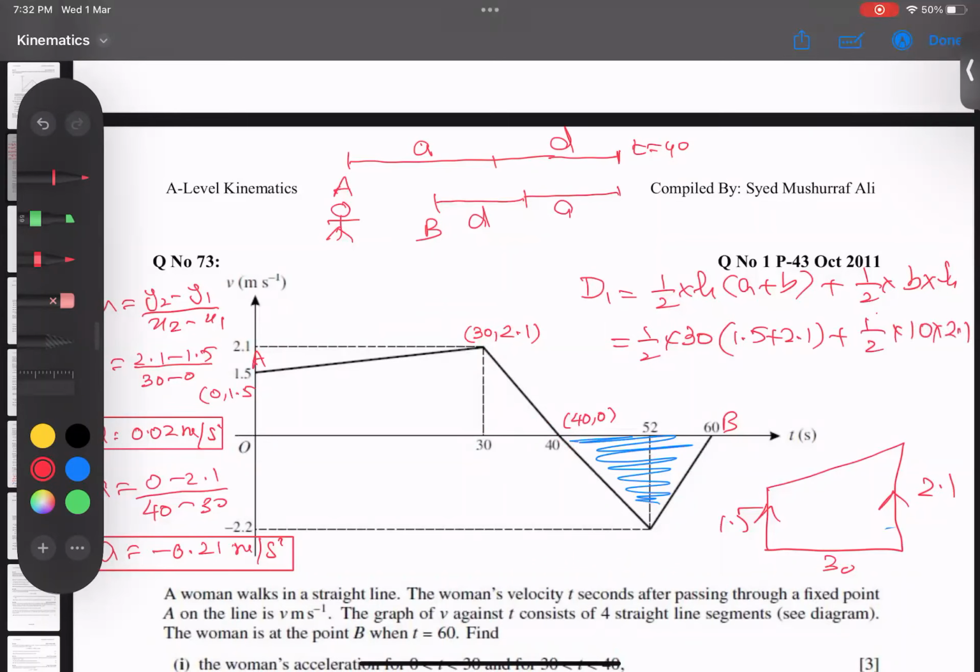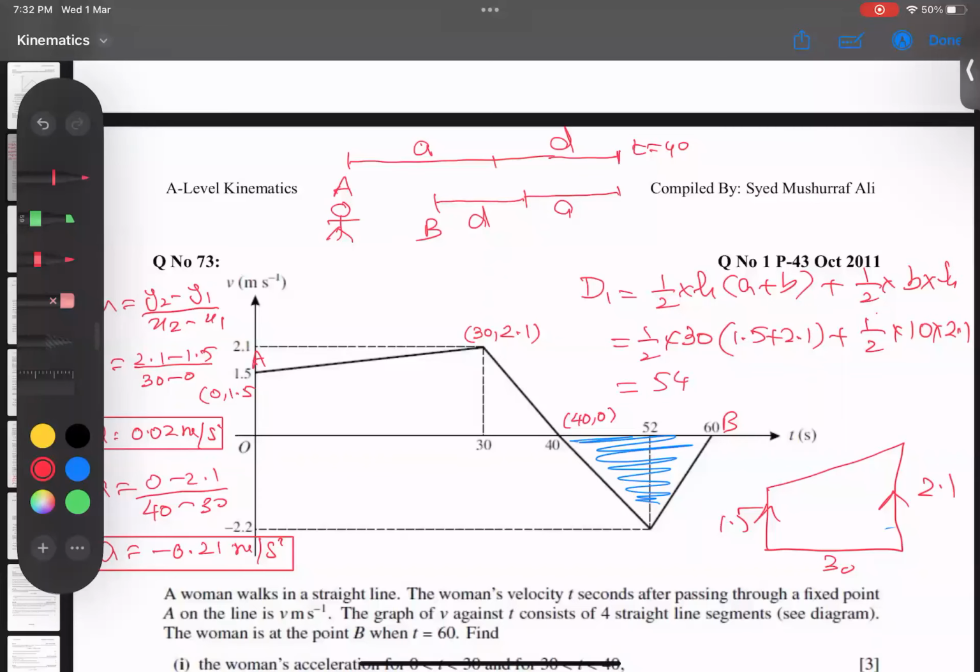It's just a matter of calculating on the calculator. I'm typing this, 15 cancels, and inside 1.5 plus 2.1. This answer is giving 54.